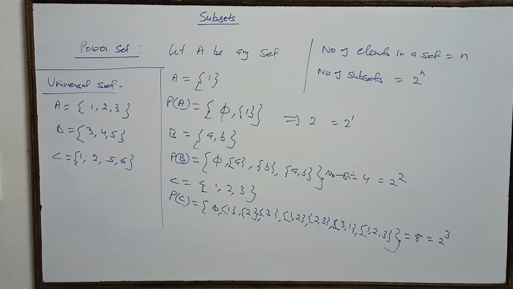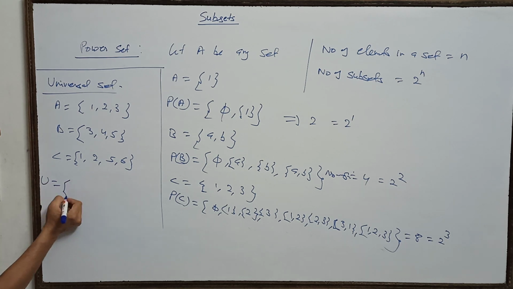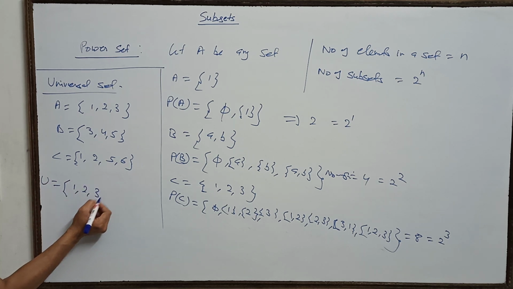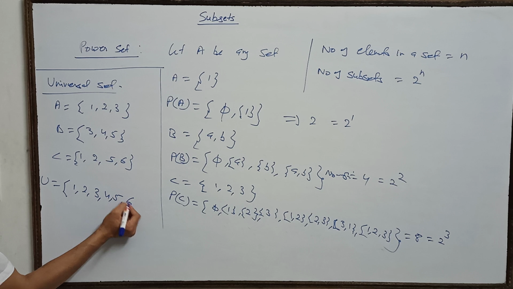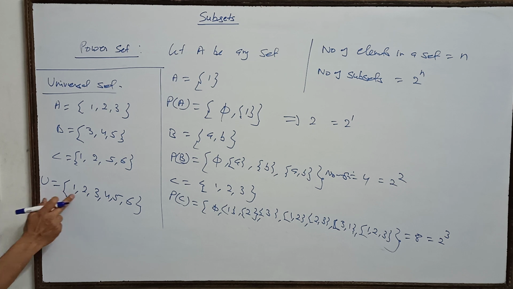For all these 3 sets, the universal set will be the set which has all the elements contained in A, B and C, that is 1, 2, 3, 4, 5, 6.